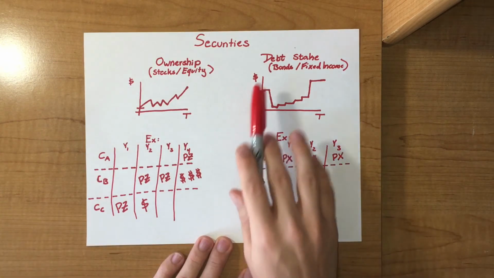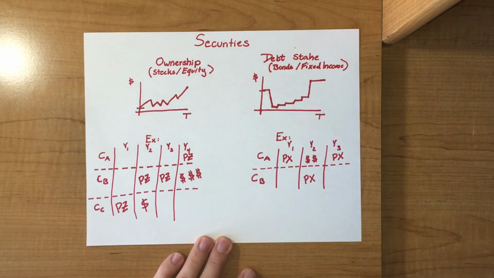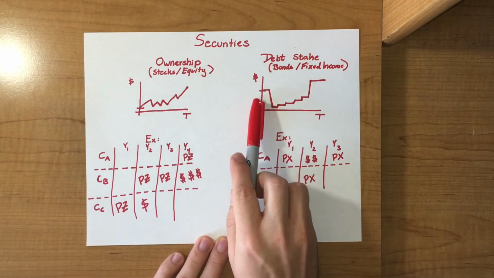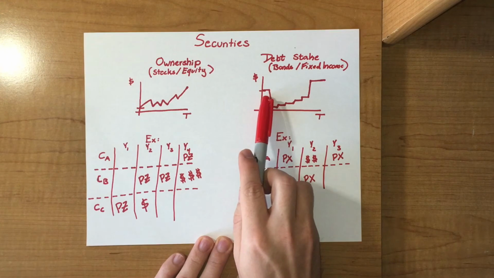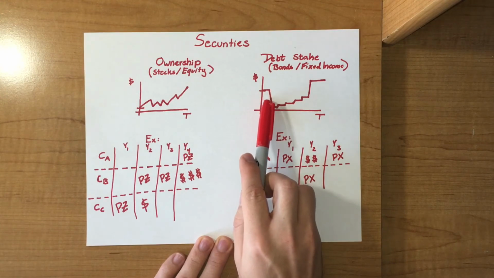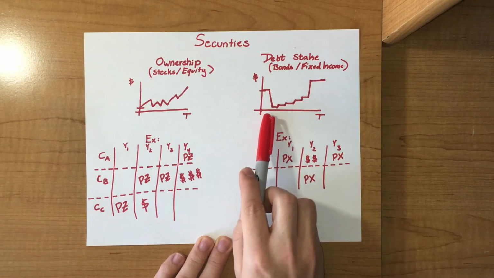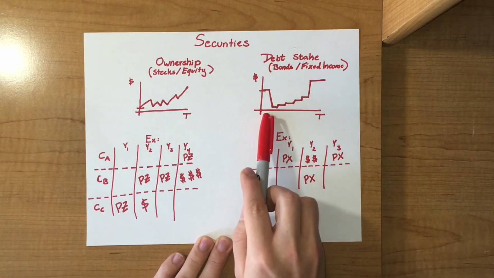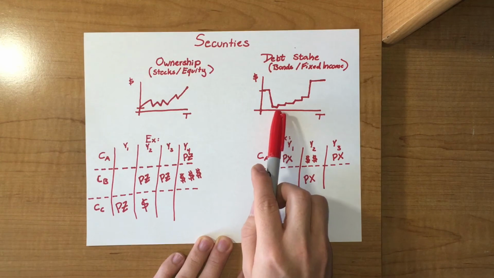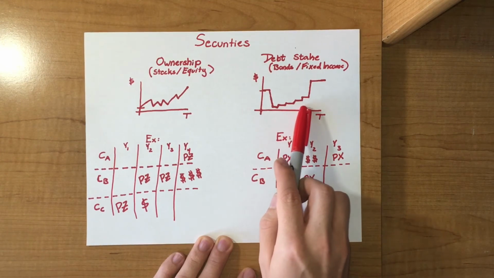For example, on a debt security, a prospective investor has a certain amount of cash and then they buy a debt stake in that company, so they lose their cash. Throughout the period of time, the issuing company will pay them interest on that amount of cash that they paid them, which is visible here, moving up.